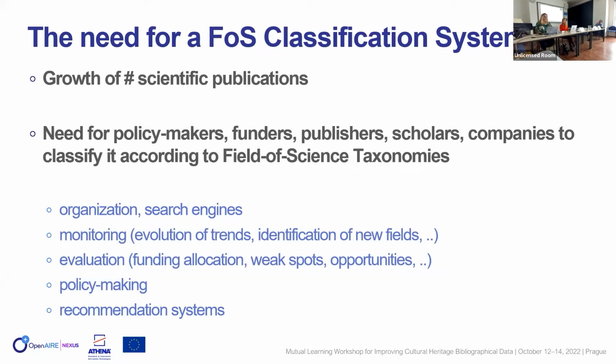So policymakers, funders, publishers, scholars, companies, everyone, needs to classify it according to Fields of Science, so that it can be organized and used in search engines and for discovery, for monitoring purposes, to examine the evolution of trends and identification of new emerging fields, for evaluation, so that policymakers and funders can redistribute the funding allocations, see if there are any research areas that have been neglected, and so on, and for recommendation systems.